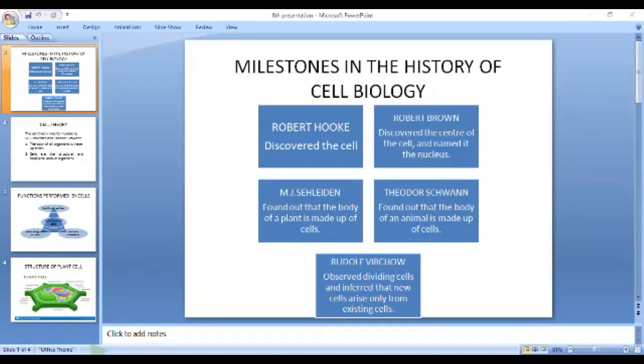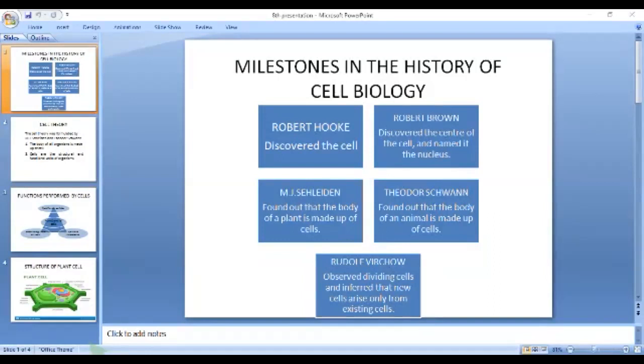So what we have studied now: Robert Hooke discovered the cell. He observed those little chambers through the simple microscope and called them cells.